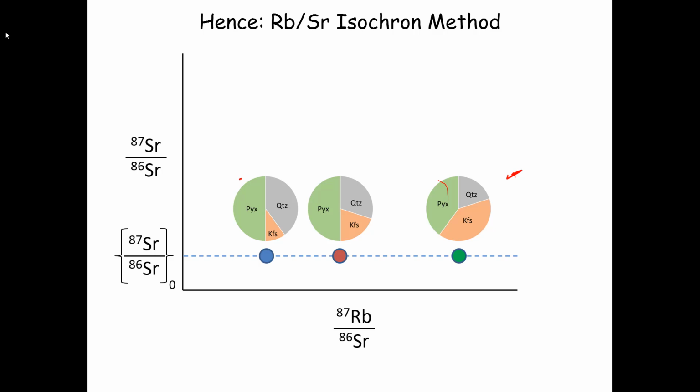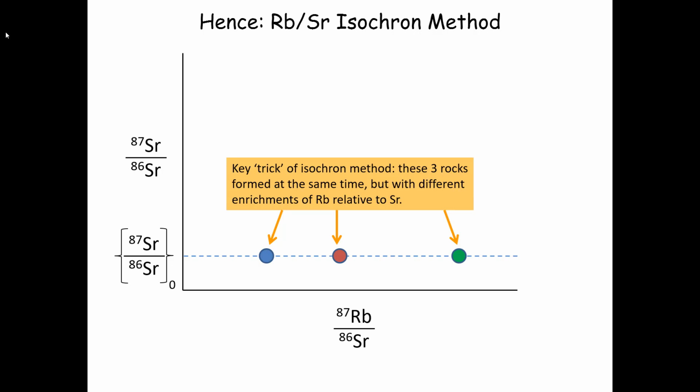And remember, because when these minerals are growing from the magma, they absolutely don't care about strontium-87 versus strontium-86, it's all the same to them. They're going to have exactly the same strontium-87/86 ratio in all three rocks. So they're going to plot along the same horizontal line, because they have exactly the same strontium-87/86 ratio, but they have different enrichments of rubidium relative to strontium.